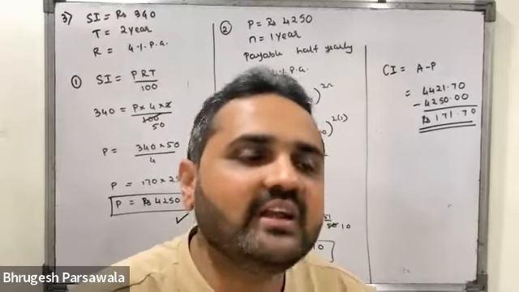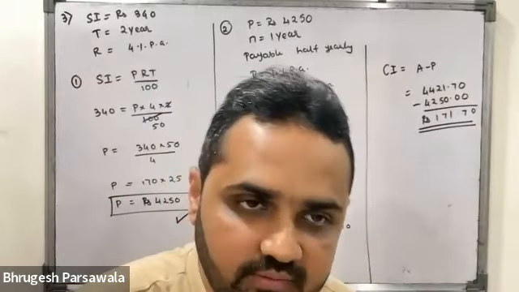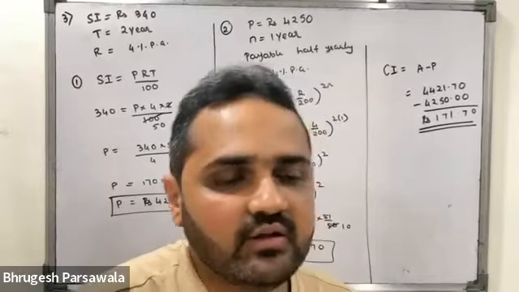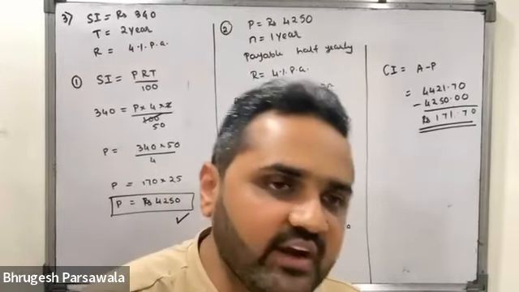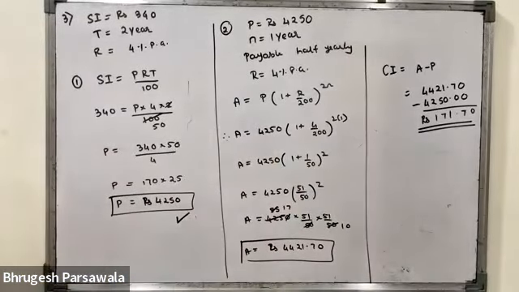Okay, though it might not be in the syllabus, let me do sum number 2 of type 4 based on repayment. Let us do at least one sum of repayment, the second sum. It is not a very difficult concept, so we can do it. Let's do the Ranbir one.